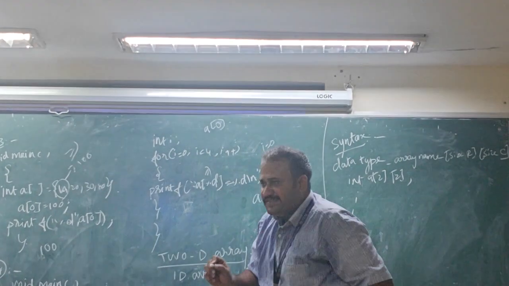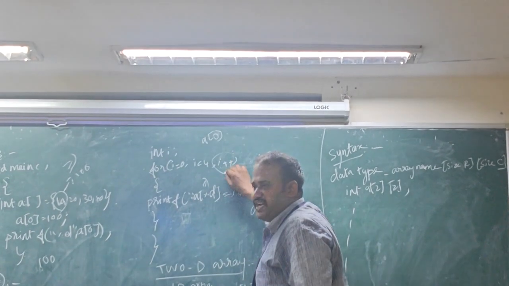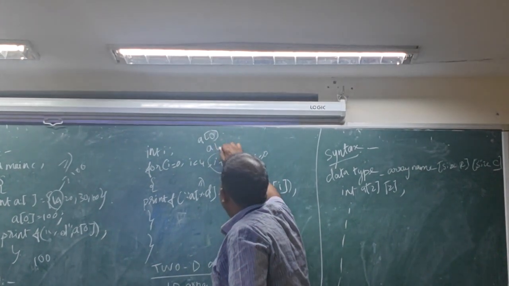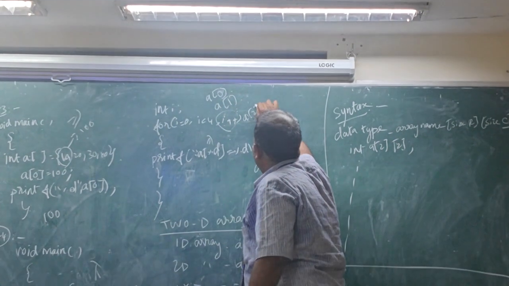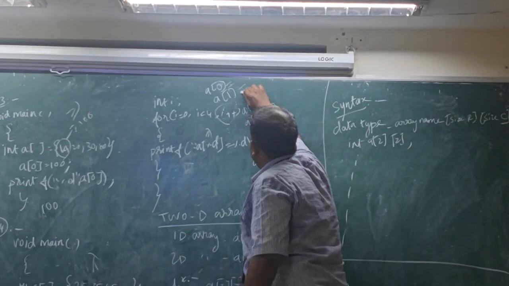Next it will go to the post increment. It will increment I equal to 1. Then it will continue like this.